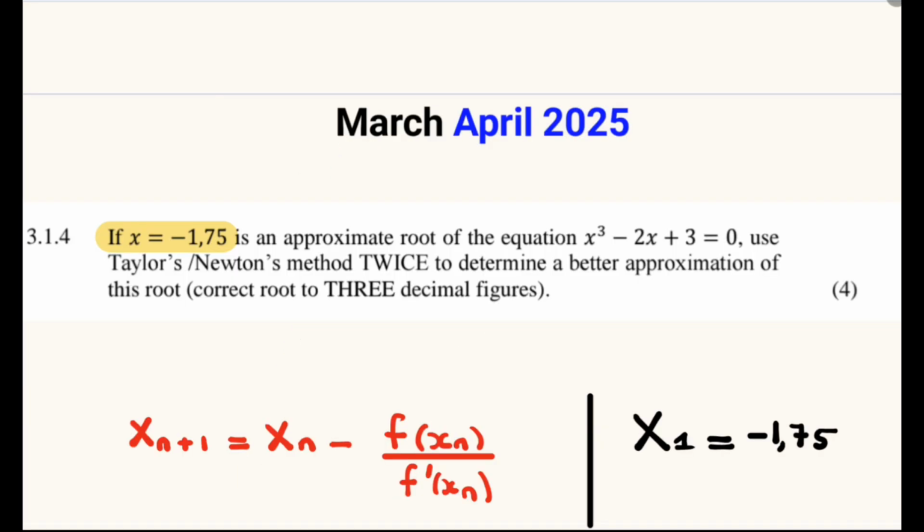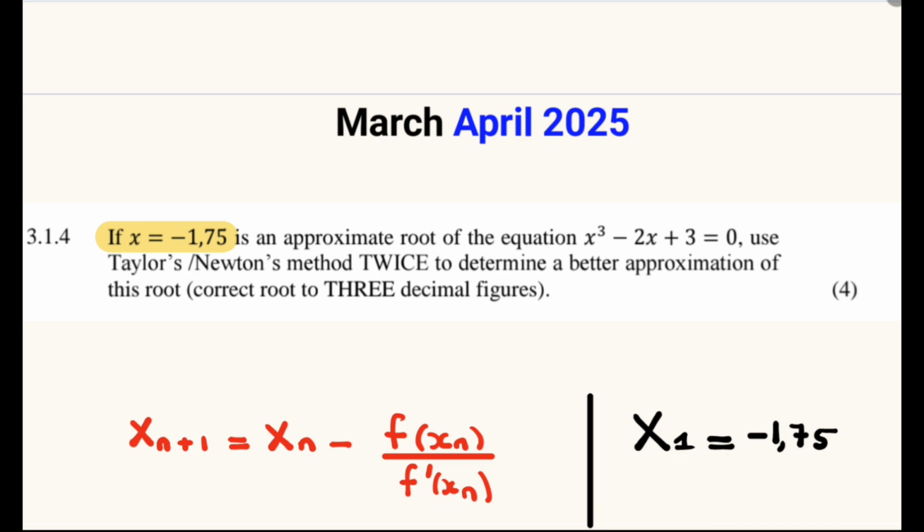Question 3.1.4, if x is equal to negative 1,75 is an approximate root of the equation x cubed minus 2x plus 3 is equal to 0, use Taylor's or Newton's method twice to determine a better approximation of this root, and we are to correct to 3 decimal figures.